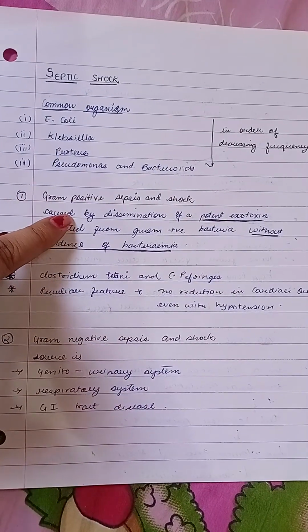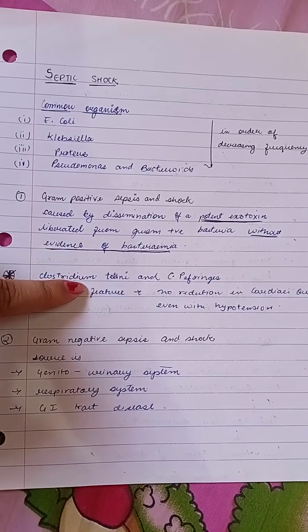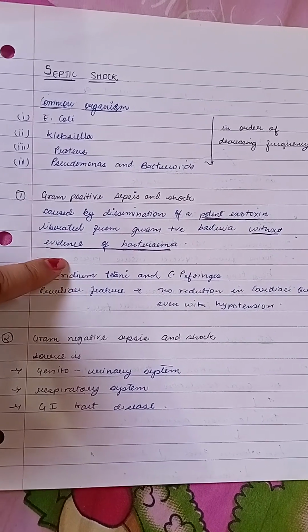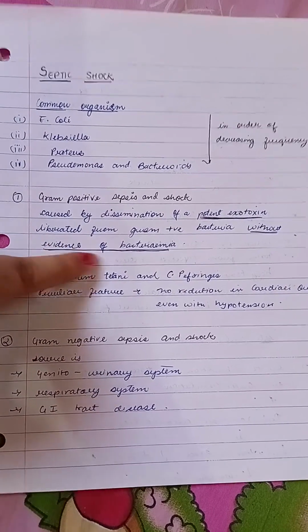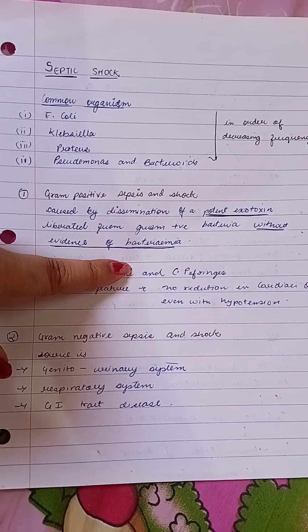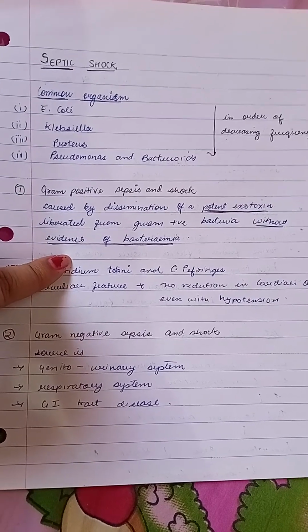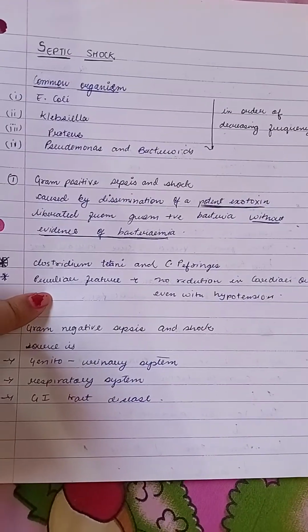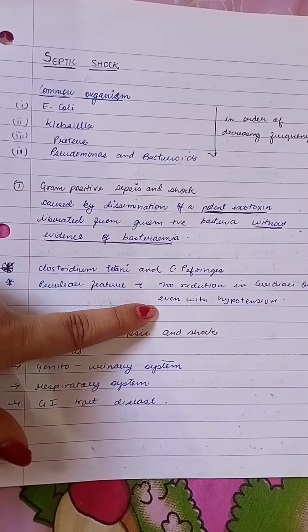Gram positive sepsis and shock are caused by dissemination of potent exotoxin liberated from gram positive bacteria, without evidence of bacteremia. Examples are Clostridium tetani and C. perfringens.